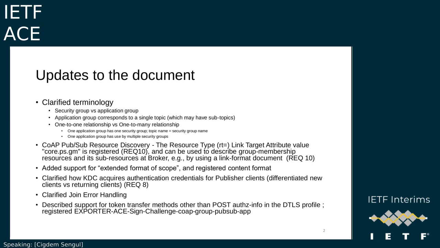I added more support and clarifications on join error handling, which did not exist in the document. And I also talked a little more on how to support token transfer methods other than posting the auth-info, and registered an exporter ACE sign challenge to support that token transfer during the DTLS handshake.